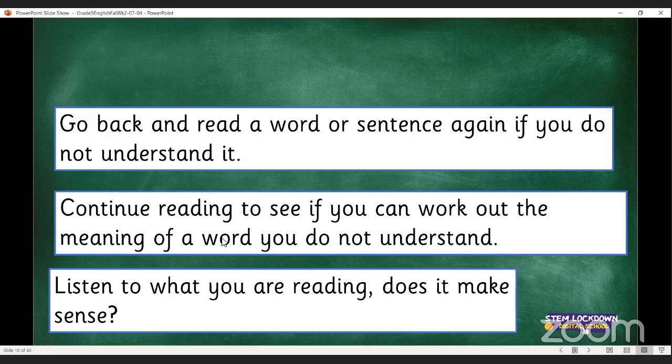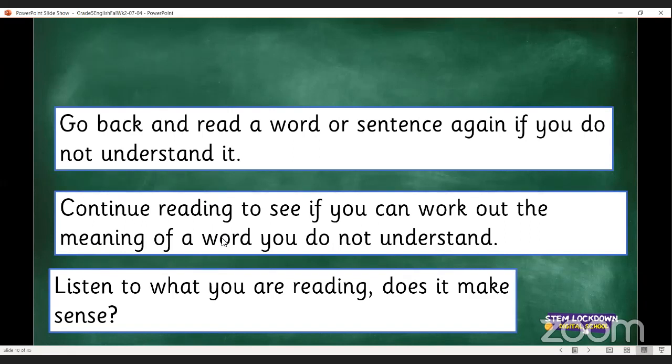Another strategy is to carry on reading, because maybe in the next sentence, you can figure out what they were trying to say in the sentence earlier. So maybe you do not know a word, but if you carry on reading and you go back, you will understand it.